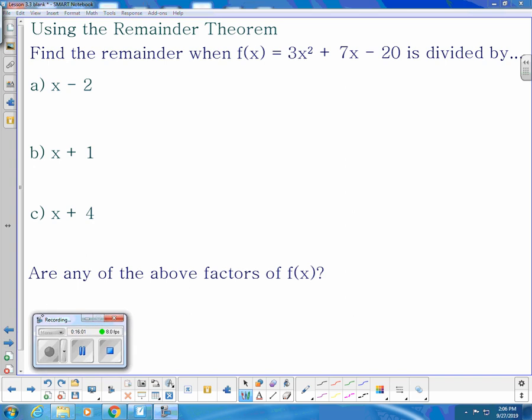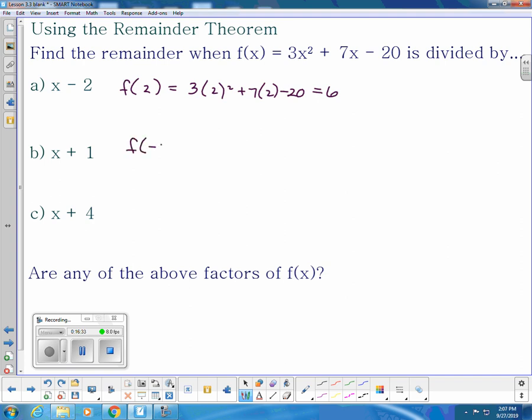So, tell me which, if any, of these are factors. Find the remainders, and we'll kind of buzz through them because it's Friday. What am I going to plug into this guy? 2. If I put 2 into that function, I get 6. Is that a factor? No, my remainder is 6, not 0. Here I'm going to put in what? -1.